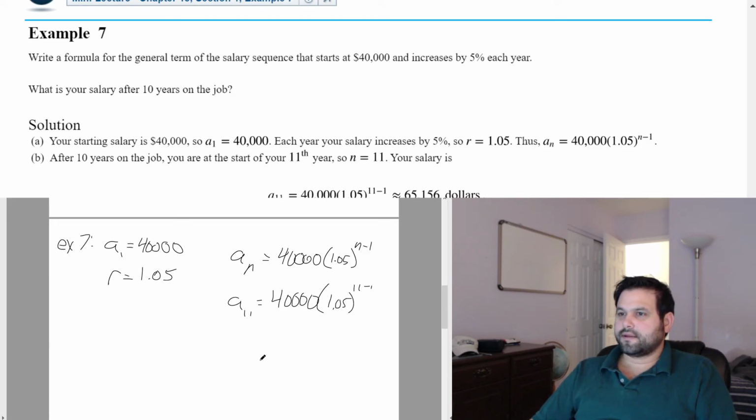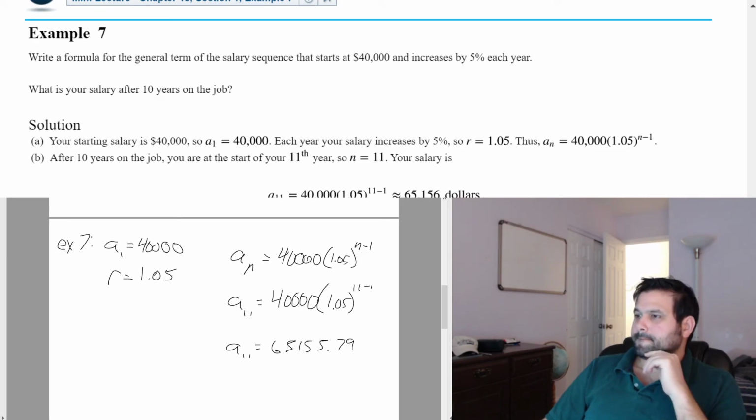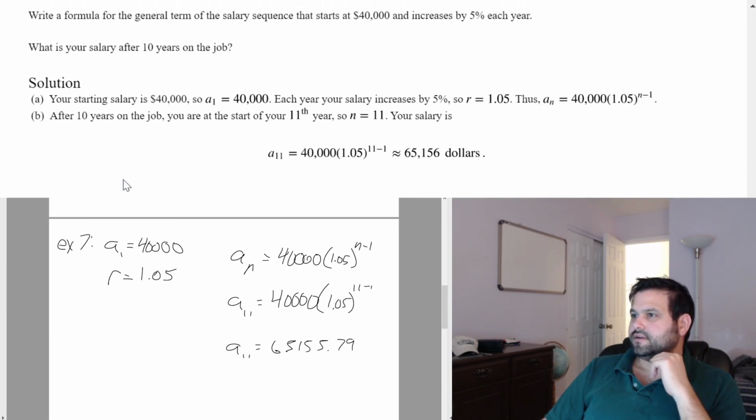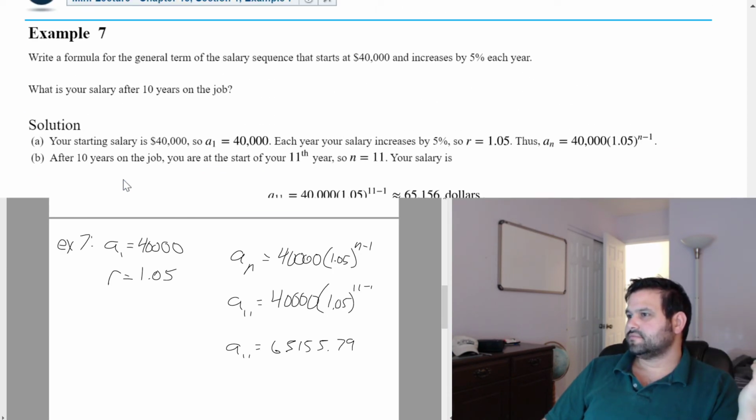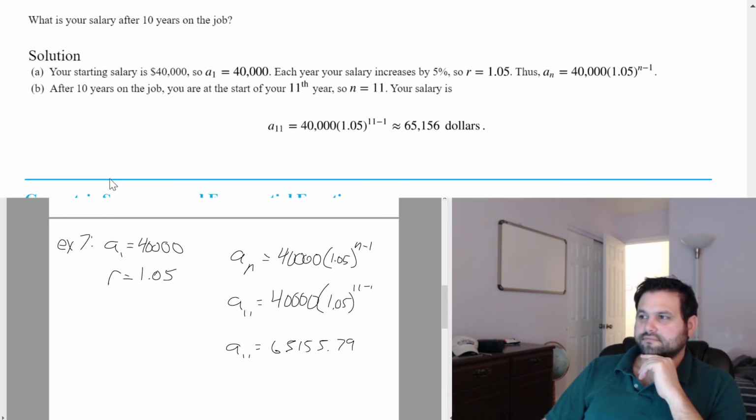So we got $65,155.79. Assuming since it's a salary, they're going to round it up. And okay, yeah, the book rounded to the nearest dollar. Did they tell me to do that? They didn't. Okay. The book would be more generous to you. If I were your employer, I would not be rounding that up.